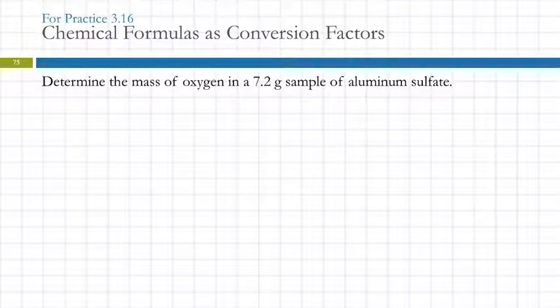So determine the mass of oxygen in a 7.2 gram sample of aluminum sulfate. Well, let's write down the number. Let's not use the highlighter. 7.2 grams of oxygen.